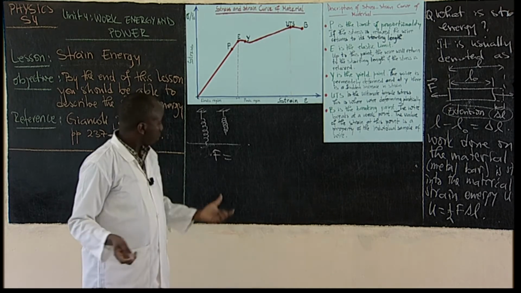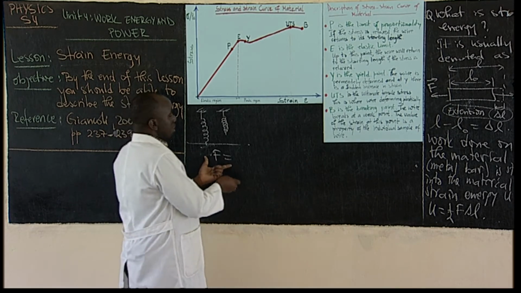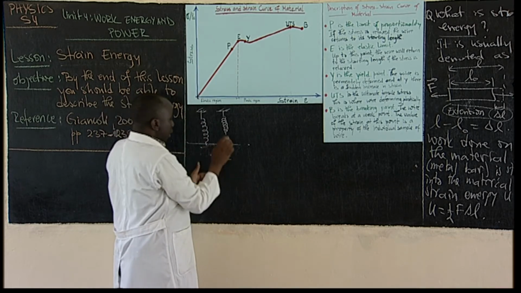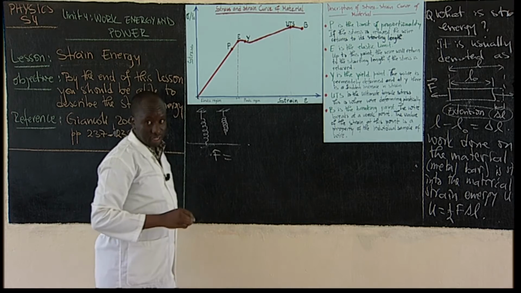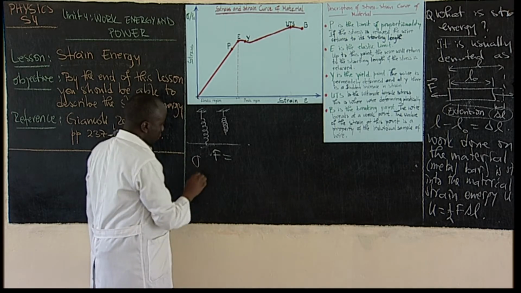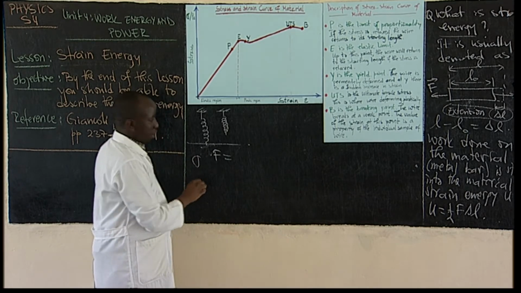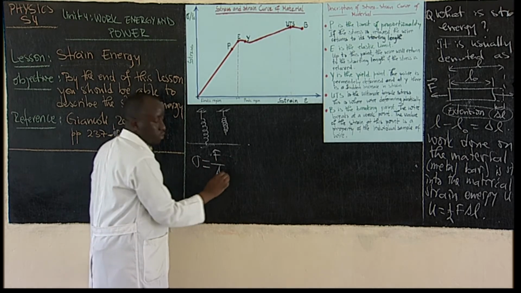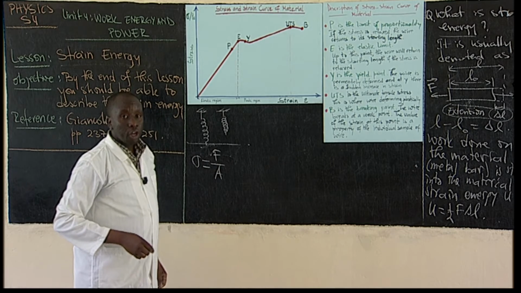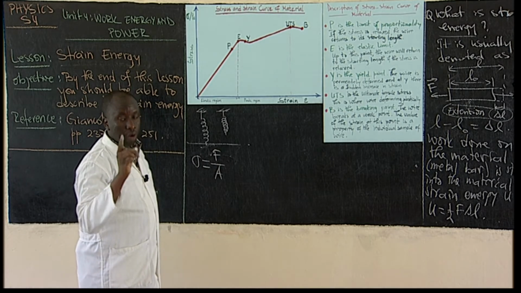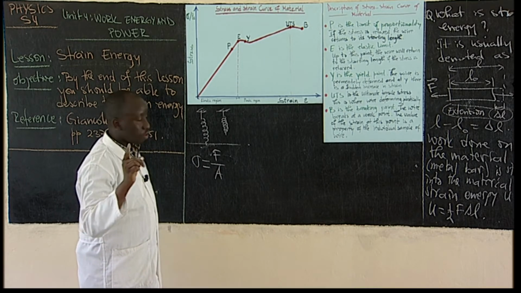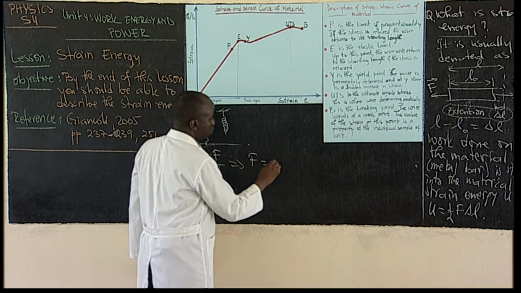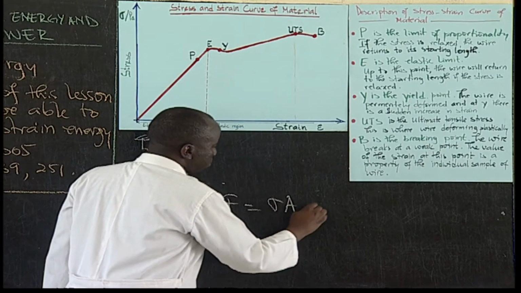What do you think? This F is determined in terms of stress, which we explained the last time. Stress was shown to be sigma, and sigma equals F over area. This is the sectional area of the metal bar. So in another word, F is equal to sigma times A.